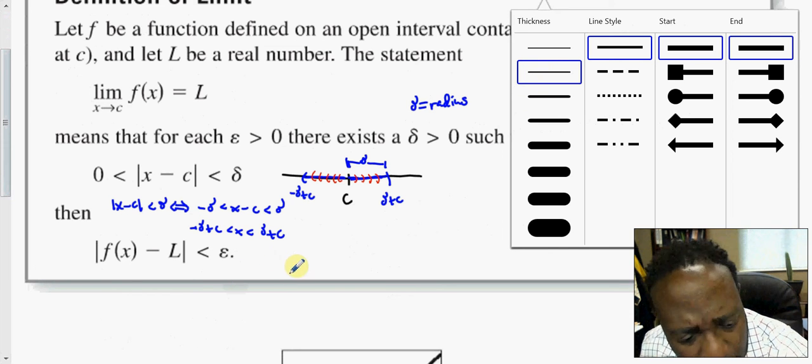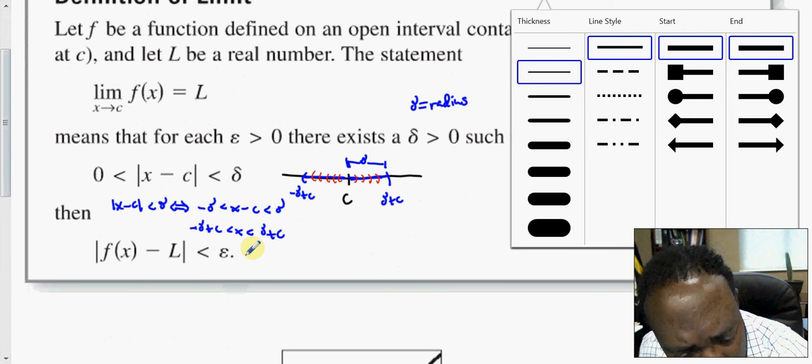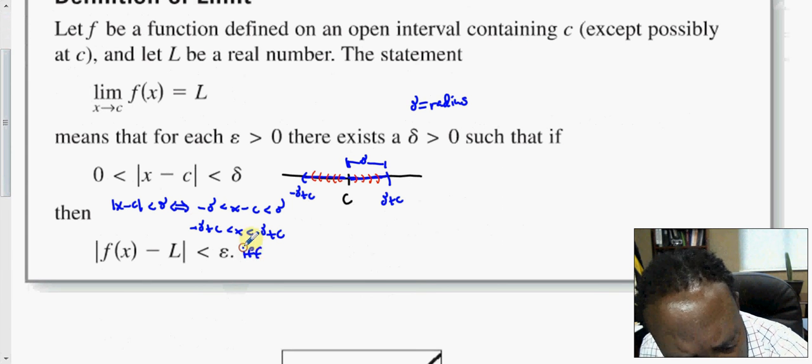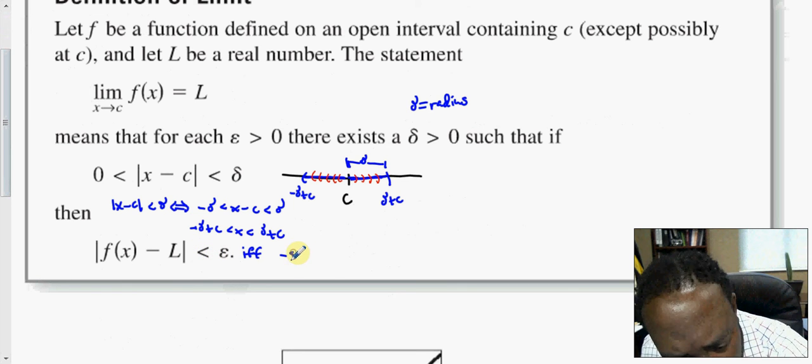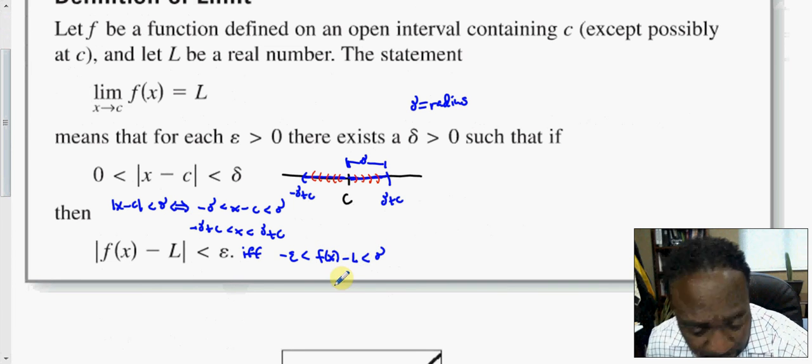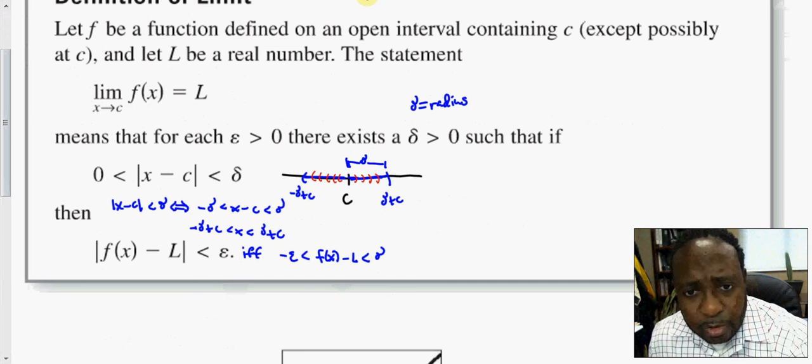So if you take this, then this is just by definition of the absolute value with this inequality. This is negative epsilon less than f of x minus L less than epsilon. No, delta is supposed to be epsilon.